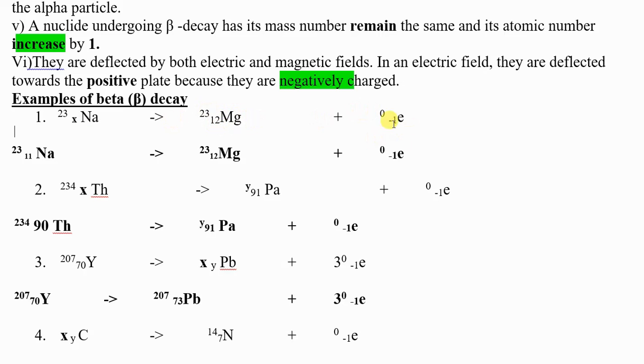Because it is undergoing 1 beta decay, the atomic number is going to increase by 1, and the mass number remains the same, as you can see here. We can see here, this is 12, this is 23. So what could be the original? If this is 12, it means this one should be 11.